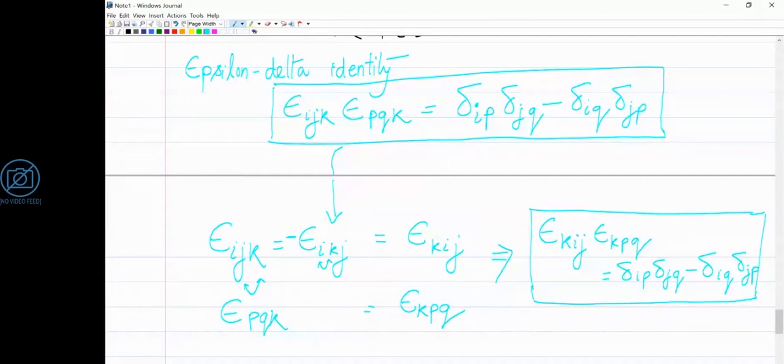And you can see how many free indices it has. Only K is repeating, the rest are all free. So it has 4 free indices: I, J, P, Q. So this is an example where you can have more than one free index.